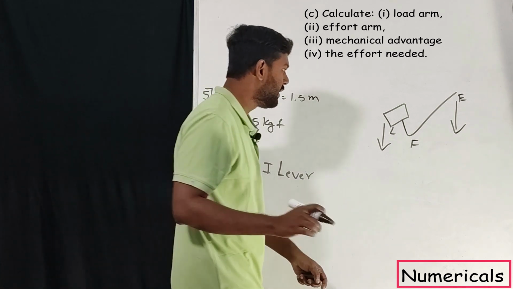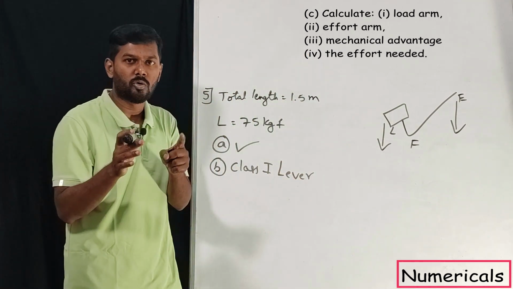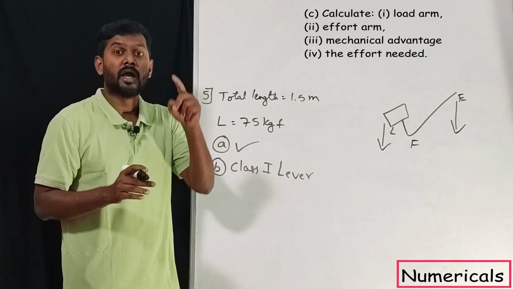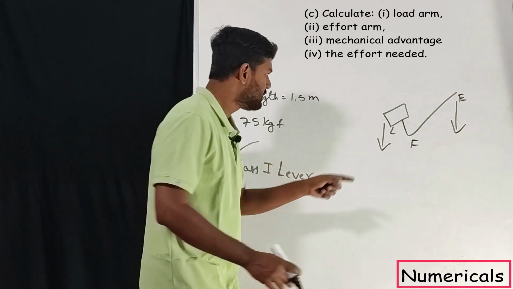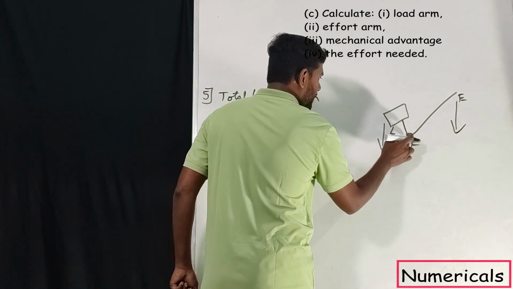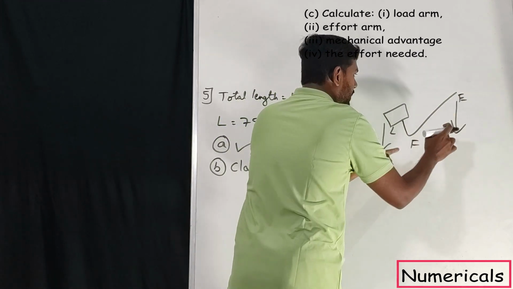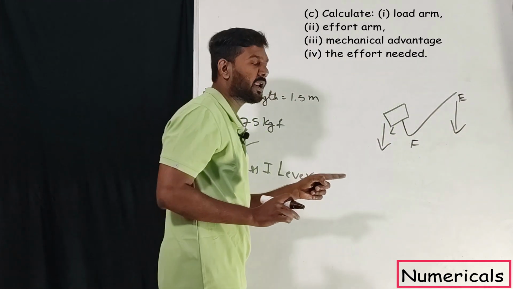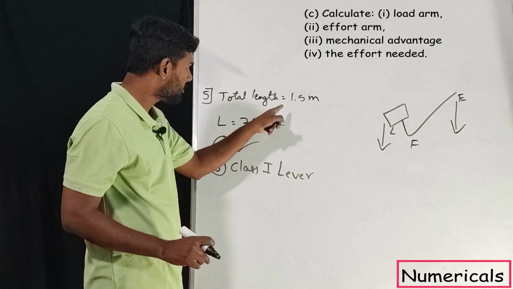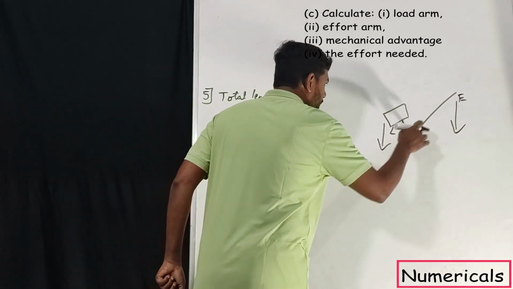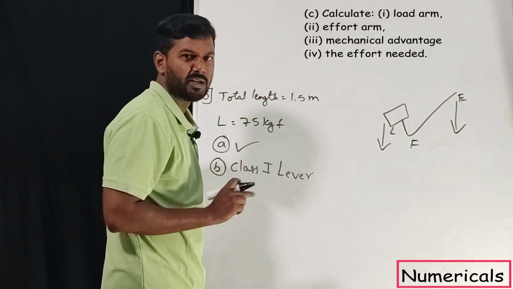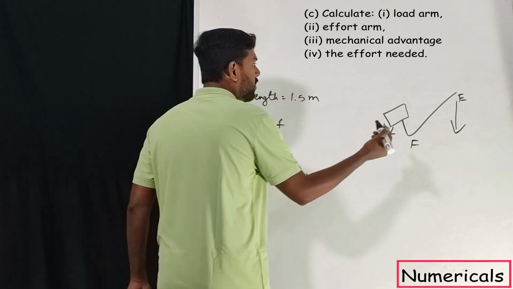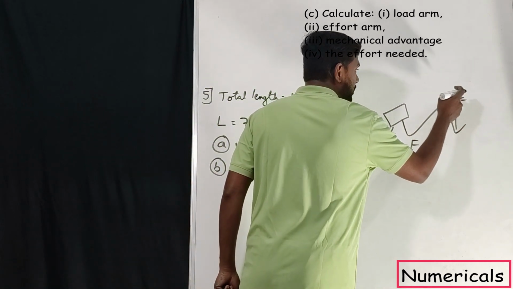That means, see, in a crowbar you know which has the longer arm, the effort arm, correct? See this diagram. The distance from the effort to the fulcrum is greater. So two values are given: the total length is 1.5, and 1 meter is given from the hand, where you are applying the effort, where you are holding it with your hand.